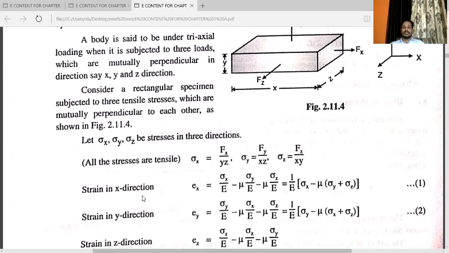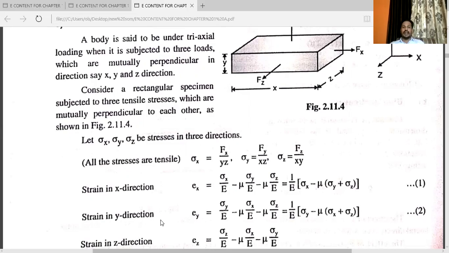Strain in x direction, Ex, is equal to sigma x upon E minus mu sigma y upon E minus mu sigma z upon E, which is equal to 1 upon E in bracket sigma x minus mu into (sigma y plus sigma z). You can see this is equation number 1.